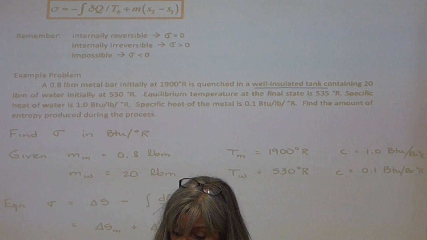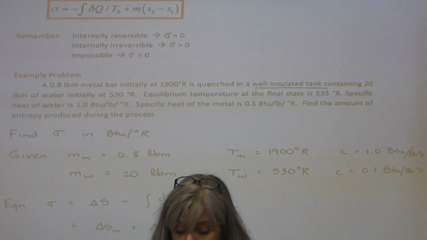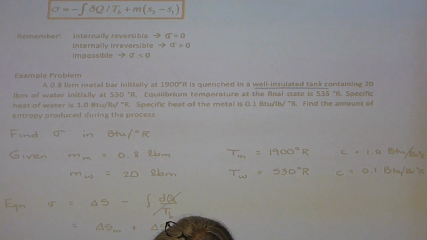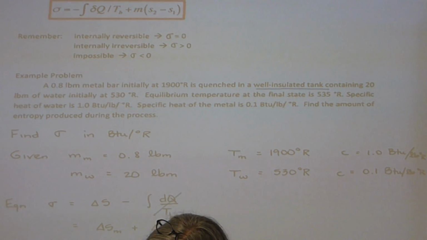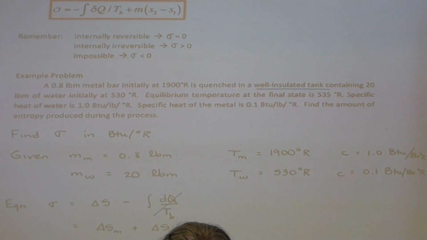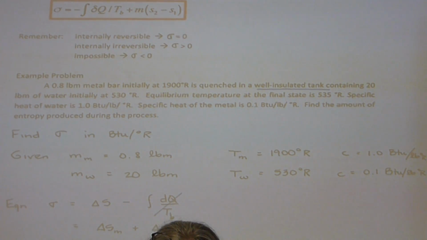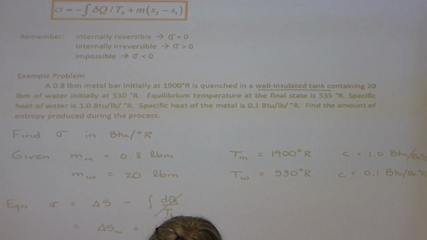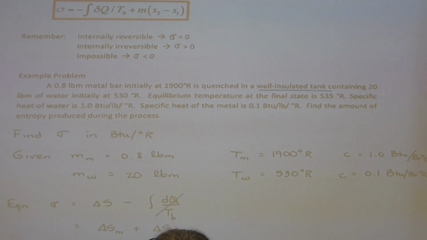It looks like we have everything. We have the mass, the specific heat, and the temperatures for both. When we plug all of that in, first for the metal, we get the mass times the specific heat times ln of the temperature ratio. T2 is 535, and originally that's sitting at 1800. Both of those are degrees Rankine, so obviously that will cancel.